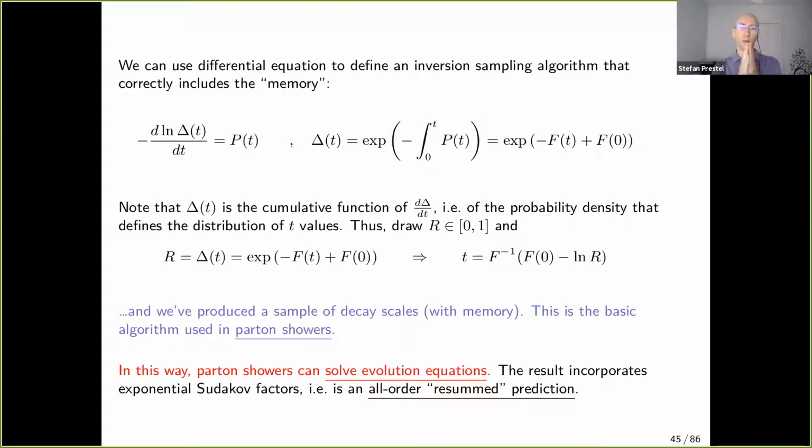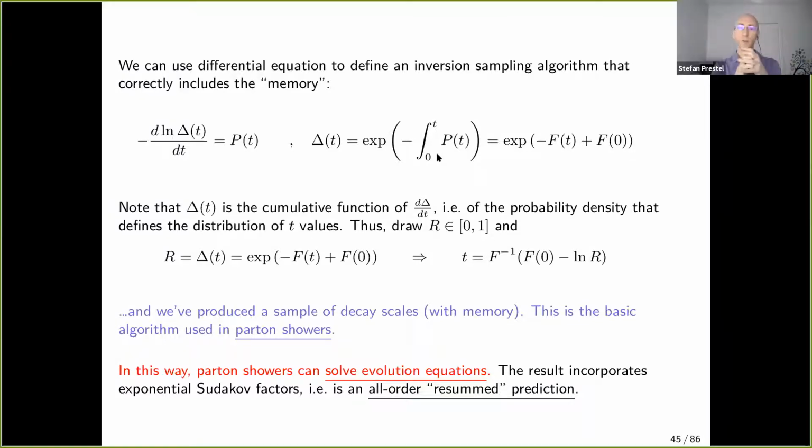It's easy to see that if you want to solve this equation, then the cumulative function that you're looking for, if you want to use inversion sampling, is in fact just the pseudo-factor itself. If you integrate over this in order to get the cumulative function, you arrive yet again at a pseudo-factor, which is something like the exponential of the primitive function, the integral of these splitting kernels.